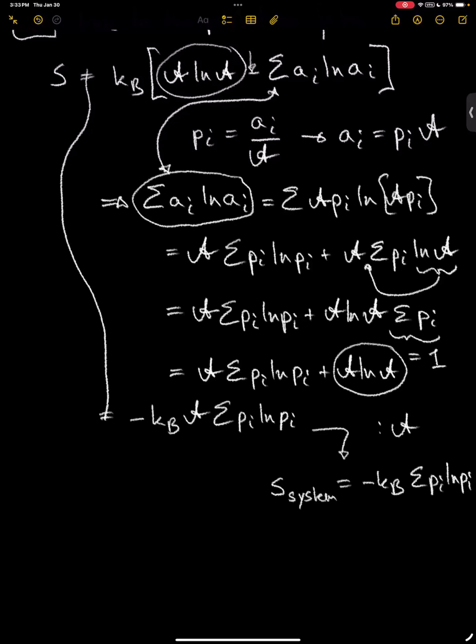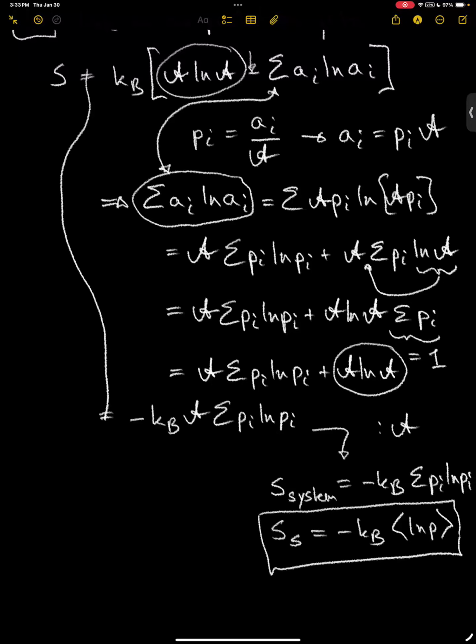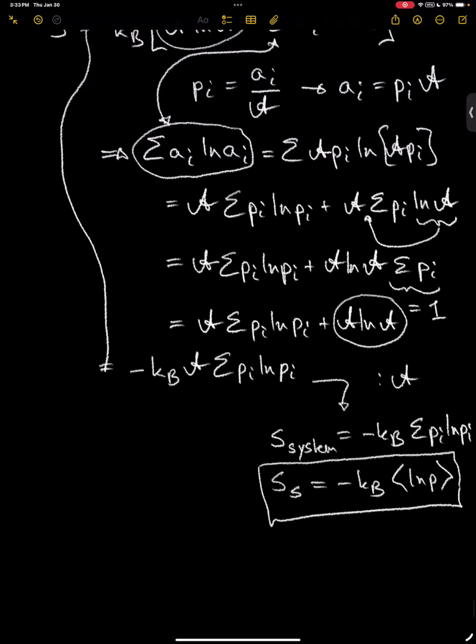And this is the same as saying my S of the system is minus k_B expectation value of logarithm p. This is one of my favorite expressions for the entropy. I find it very intuitive.